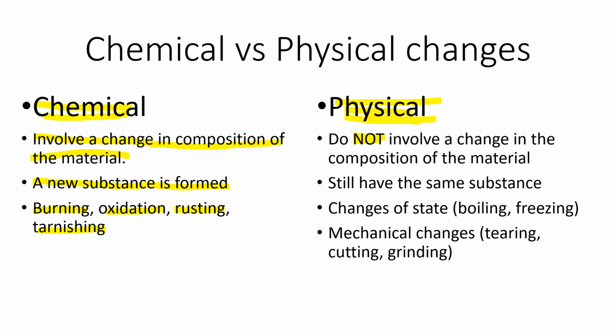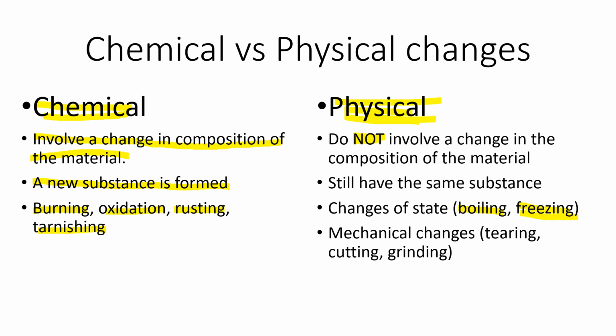When you take water and put it in a pot on the stove to boil, some of that liquid is going to turn into water vapor, that gas form of water. Well, it's still water, whether it's in a gas form or a liquid form. You didn't change the composition of the material. Same thing happens if you think about making ice cubes.